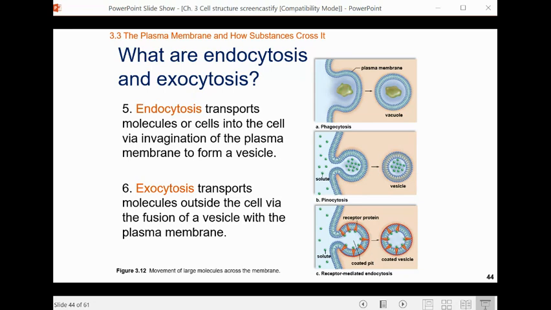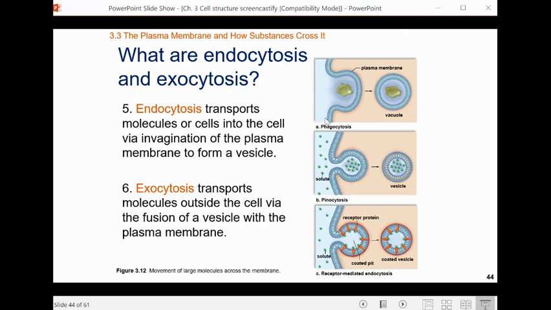The next way we move things across the cell membrane are endocytosis and exocytosis. Endocytosis transports molecules into the cell, and exocytosis transports molecules out of the cell. Typically, we have something that is so large that it can't cross the cell membrane, or it's a package of a lot of molecules, like in a vesicle.